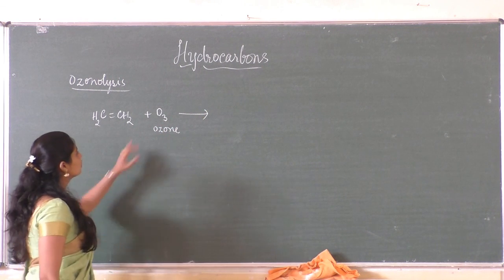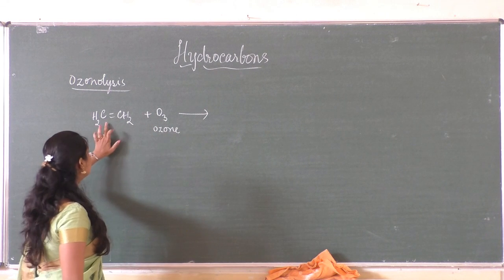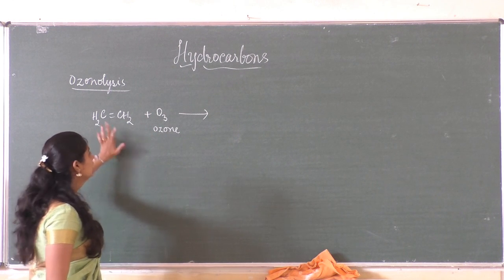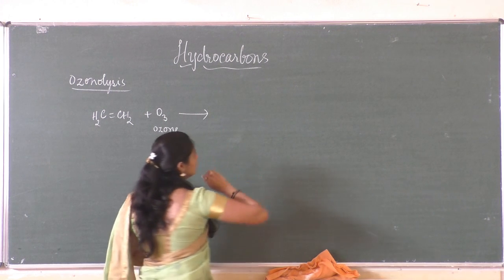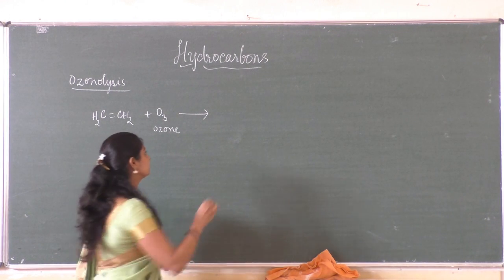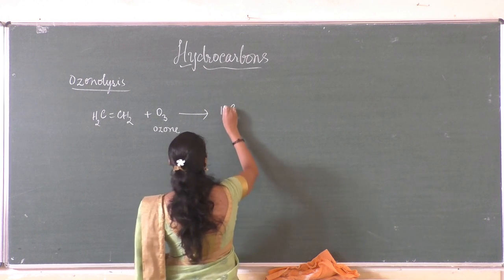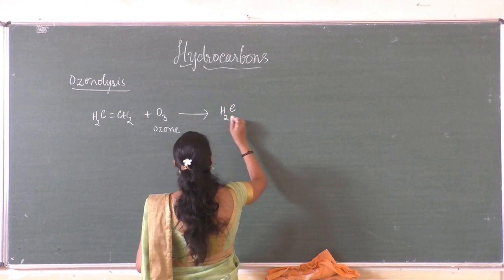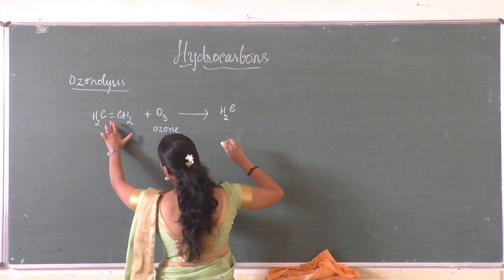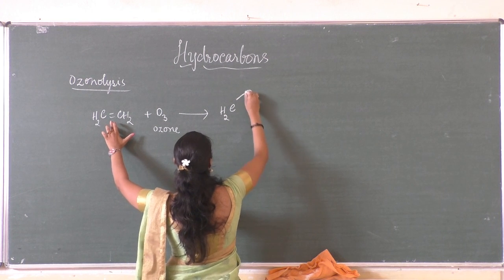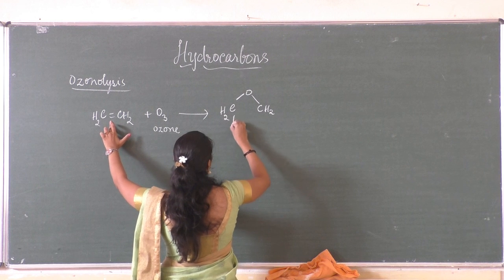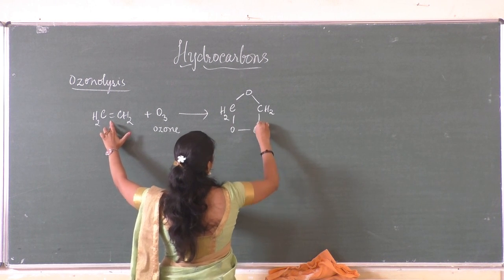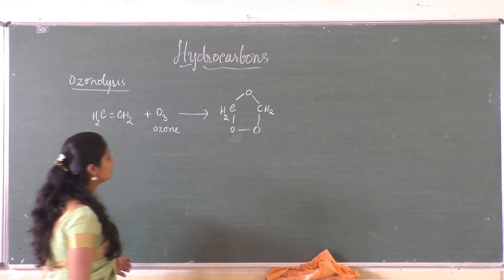So this ozone molecule gets added across the carbon-carbon double bond so as to form a very highly unstable compound, ozonide. CH2, and the bond between these two gets cleaved so as to form a cyclic compound, a pentagonal ring.